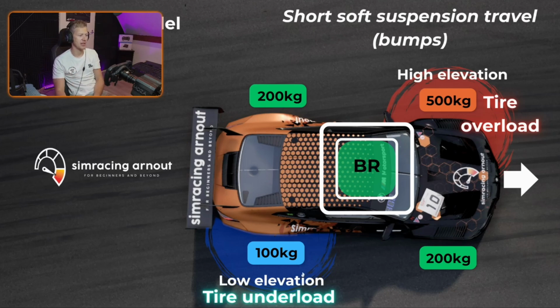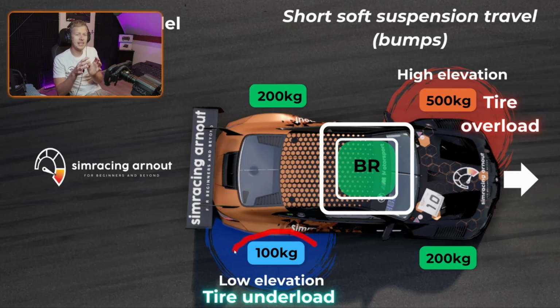Then, on the other side of the car, let's say we have a pothole here, because we have such a short suspension travel, this tire is actually not in contact with the road surface because it simply doesn't have the range to go down anymore, right?